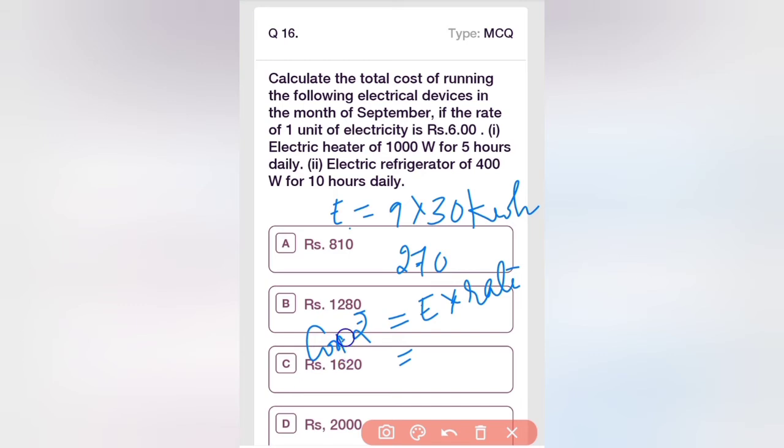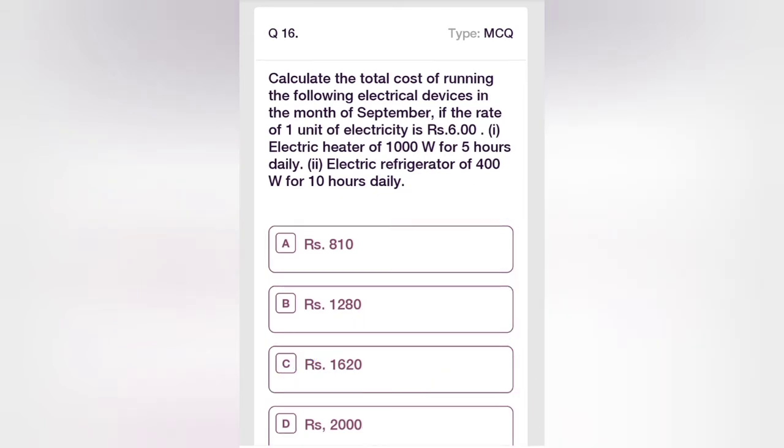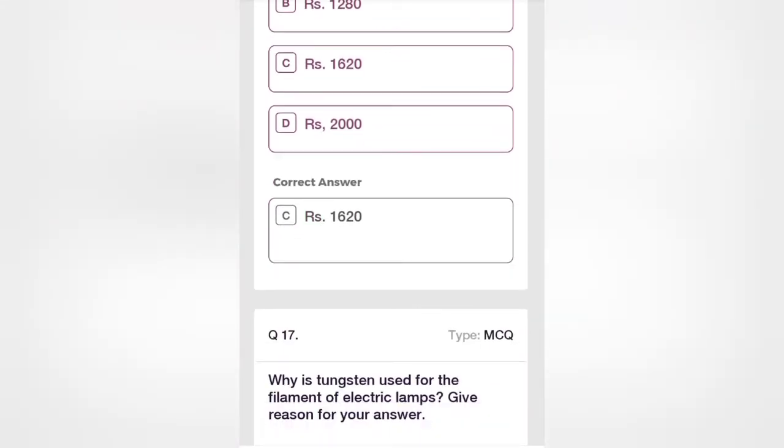Cost is in rupees. So 270 into 6. So here we get 1620 rupees. It is option C. Option C is the correct answer.